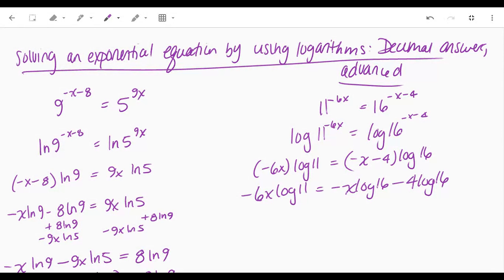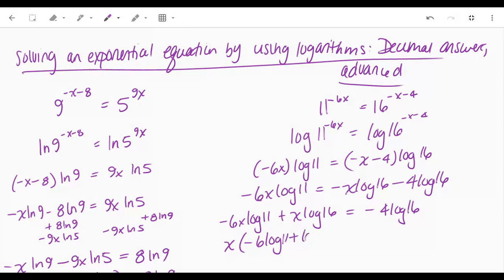I'll get my x's on the same side, so I'm going to add that x log 16 to the left-hand side. Factor out my x. And then my last step will be to divide.